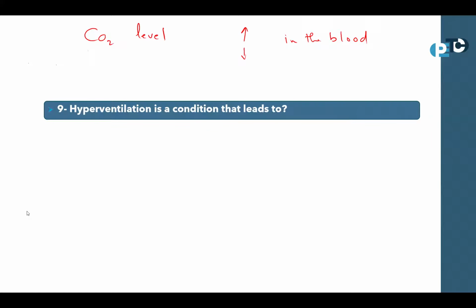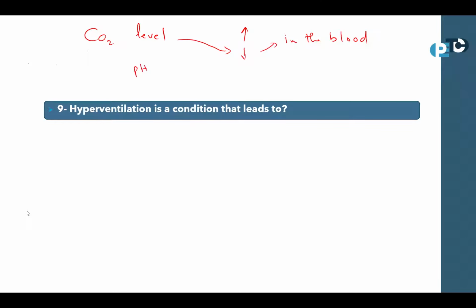When there is hyperventilation, increased respiration rate, the exhalation of carbon dioxide will increase so that it will decrease in the blood. Its level will decrease, which means the blood pH will increase.